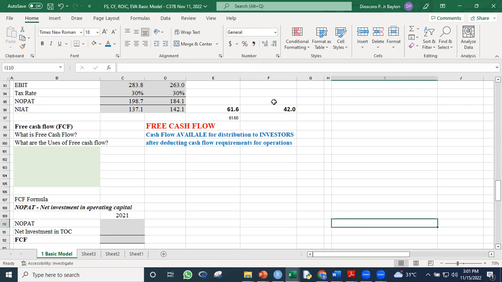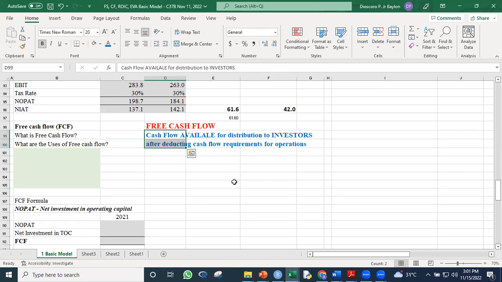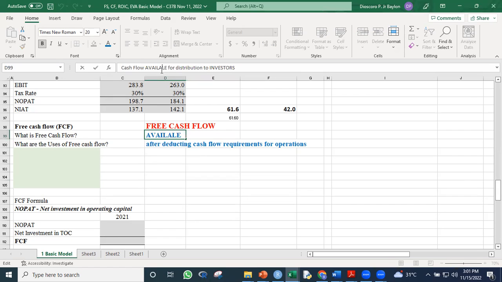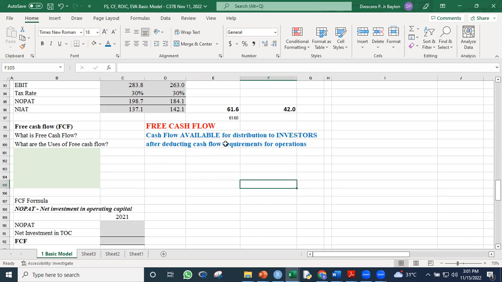So that's our definition of free cash flow. It's cash flow available for distribution to investors after deducting cash flow requirements for operations.